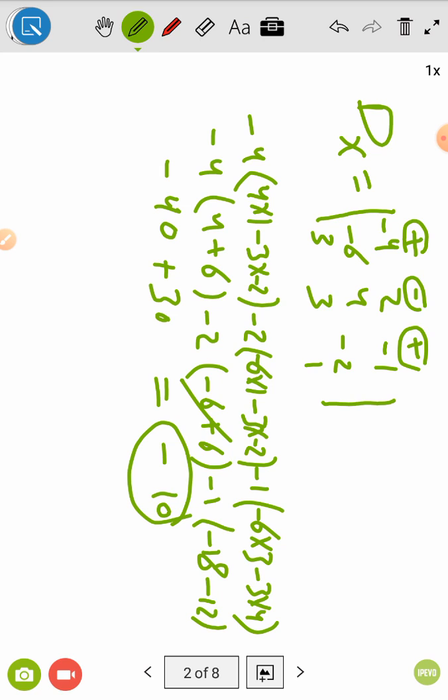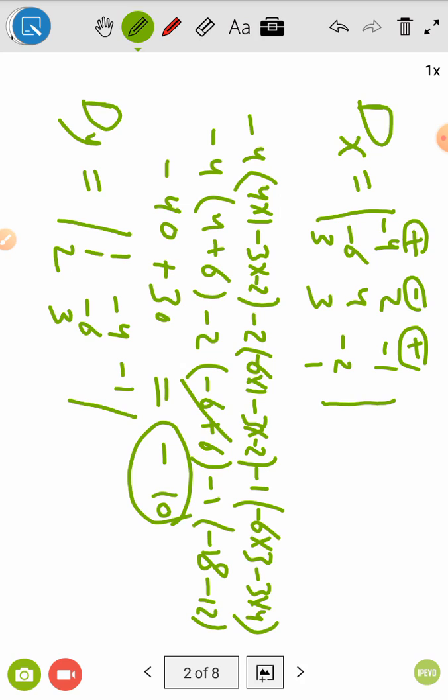After you get Dx, you can get Dy by the same way. Don't forget to cancel the coefficient of y and put negative 4, negative 6 and 3, and put 1, 1, 2, the coefficient of x, and negative 1, negative 2 and 1, the coefficient of z. Don't forget plus, minus, plus.